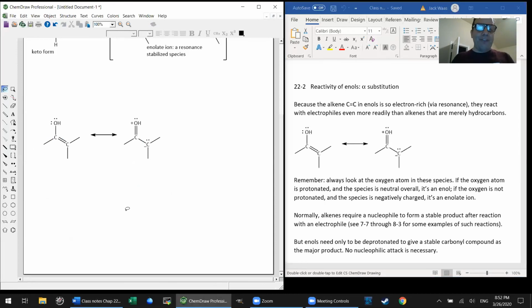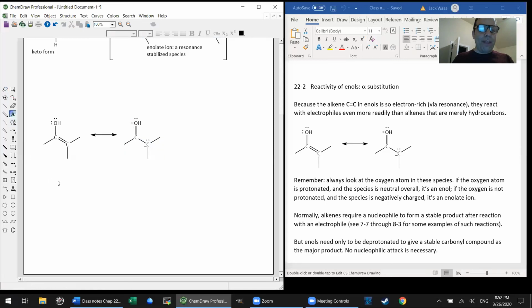And as you can see, the other resonance form, which I think we would all conclude is the minor contributor, right? Because we've got two atoms with charges on them, whereas in the other resonance form, there's no charge on any atom. But there is some amount of this other resonance form in the overall molecular orbital picture of the species, and it shows that there is a little bit of extra electron density on that carbon atom.